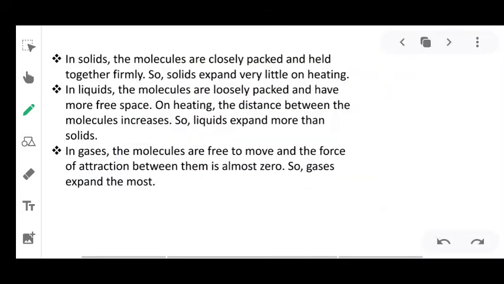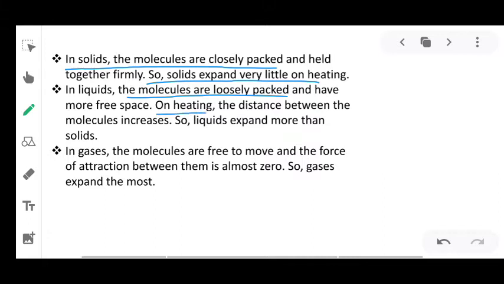Now in solids the molecules are closely packed, meaning the distance between the molecules is less in a solid. So solids expand very little on heating. But in liquids the molecules are loosely packed, meaning the distance between the molecules is more than in a solid.